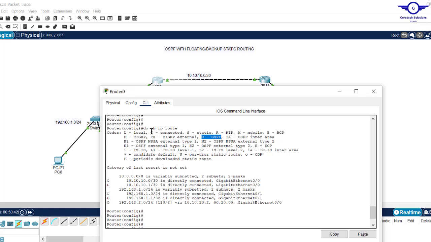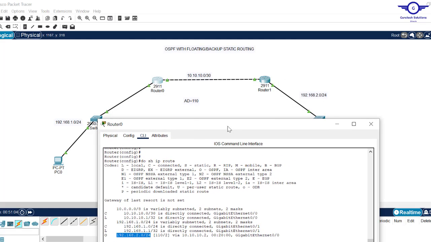We have 3 route entries in the routing table. So you can see OSPF has been installed and is the one meant to go to 2 dot something, this network here.